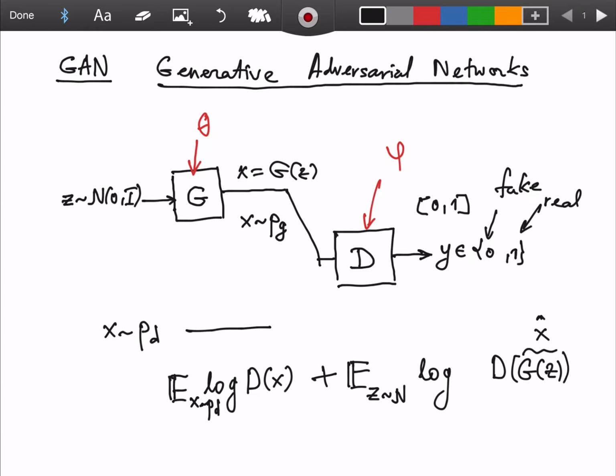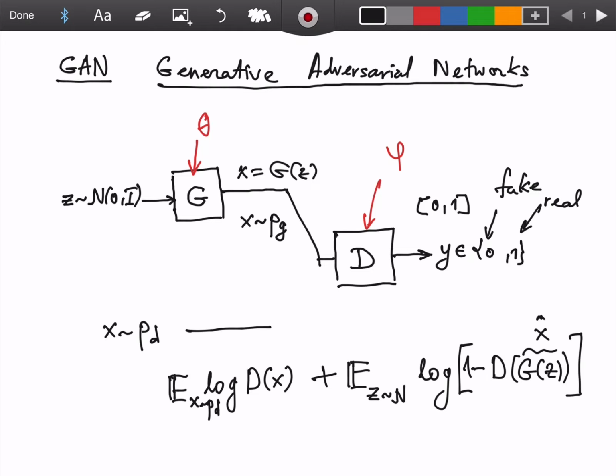And I would like the discriminator to give low values here, right? So I would like to minimize this expectation, or what is typically done, I'm taking 1 minus d, which again I'm interpreting as the class probability, as the fake class probability, and I want to maximize this expectation, right?